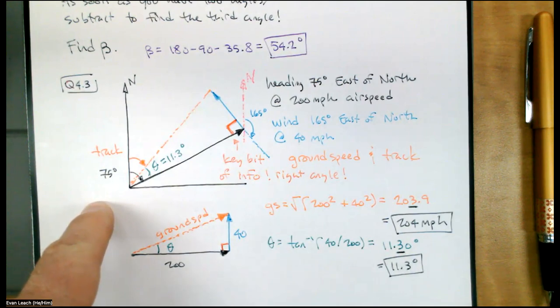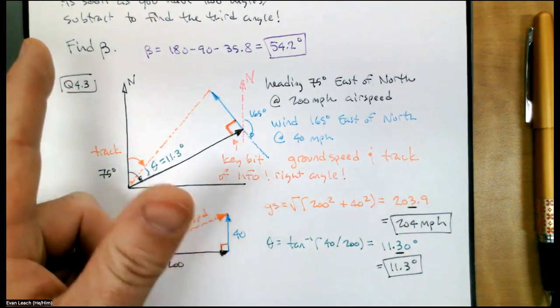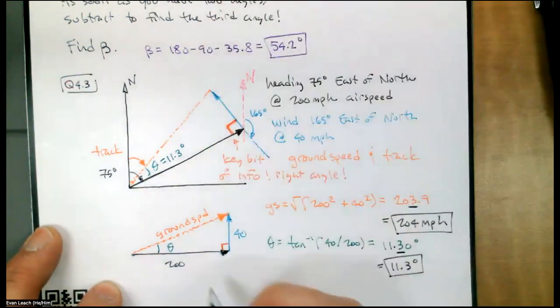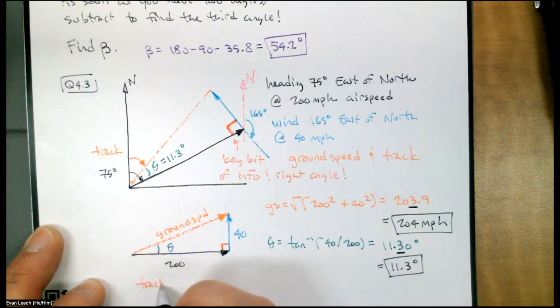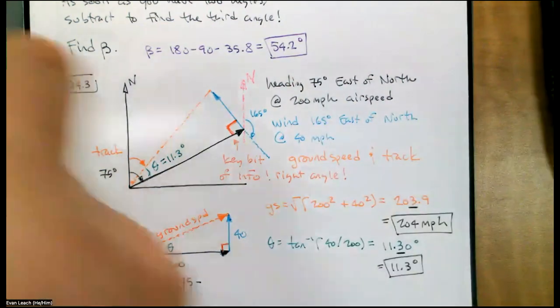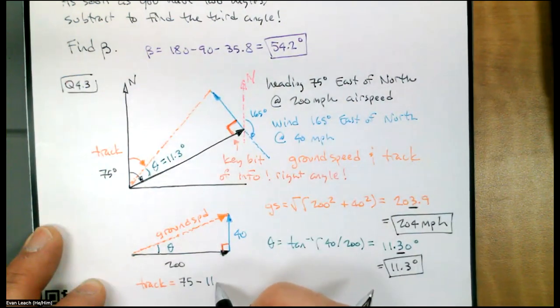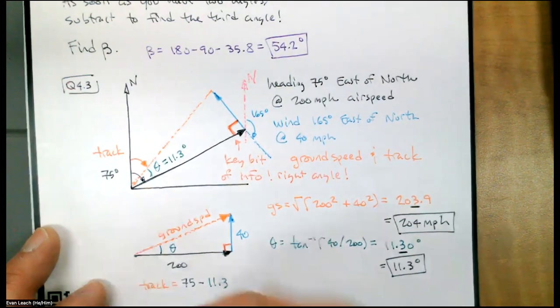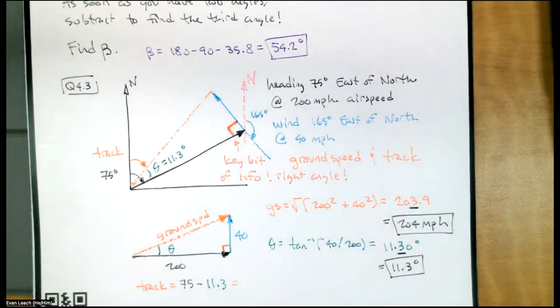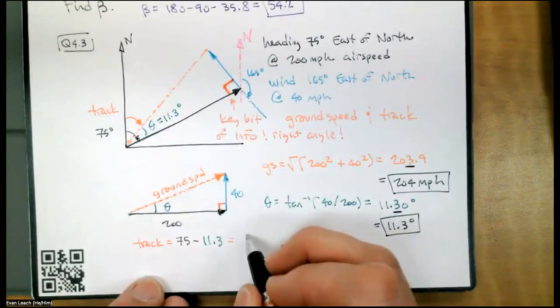So the track that we're looking for is going to be the whole 75 minus the 11.3. Take 75 and subtract the 11.3. So 63.7.